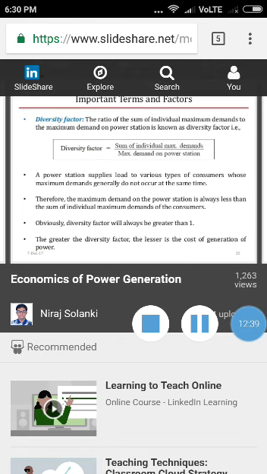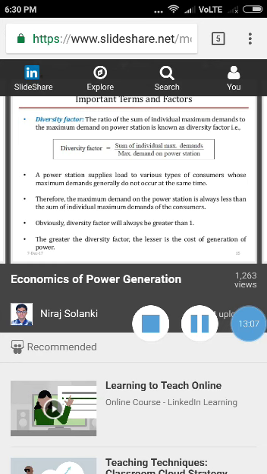Diversity factor. The ratio of the sum of individual maximum demands to the maximum demand on the power station is known as diversity factor. Diversity factor is equal to the sum of individual maximum demands divided by the maximum demand on the power station. A power station supplies load to various types of consumers whose maximum demands generally do not occur at the same time.